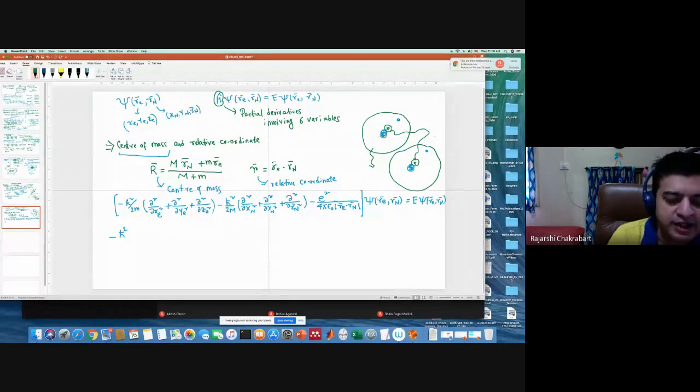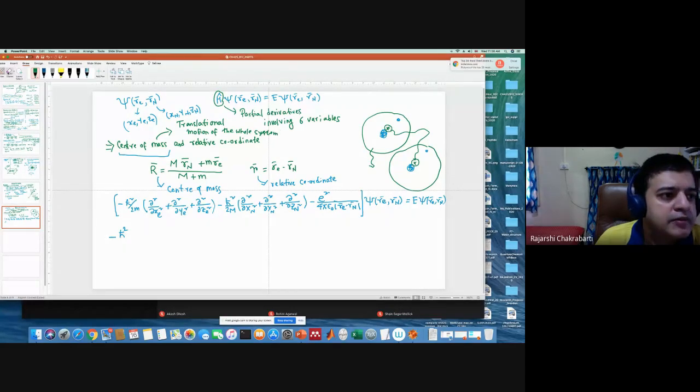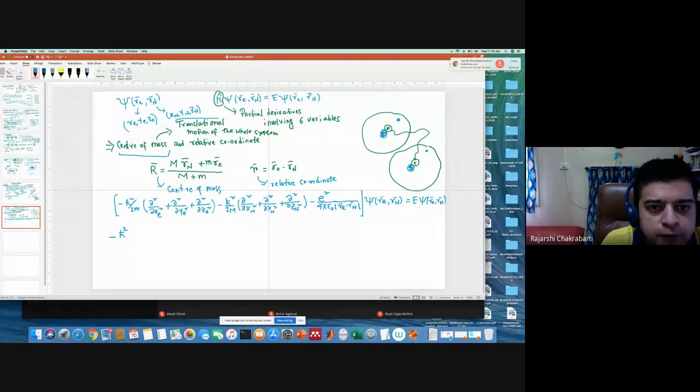So center of mass motion is like the translational motion of the whole body, the whole system. Okay, so this is important: we're looking at the translational motion of the whole system when we talk about center of mass motion.